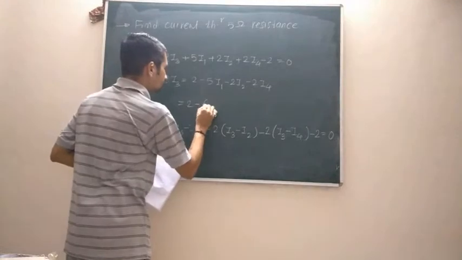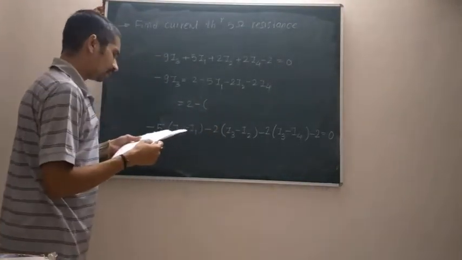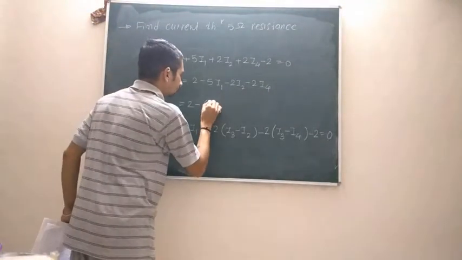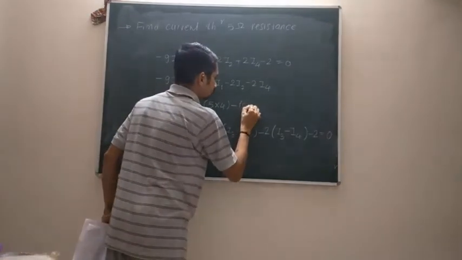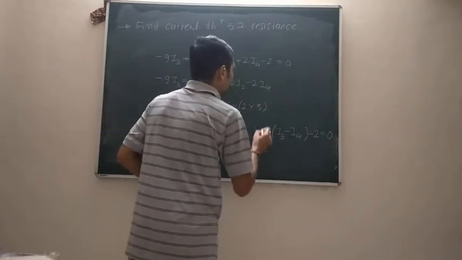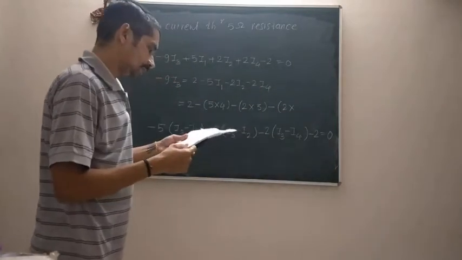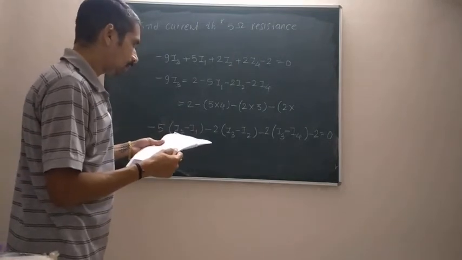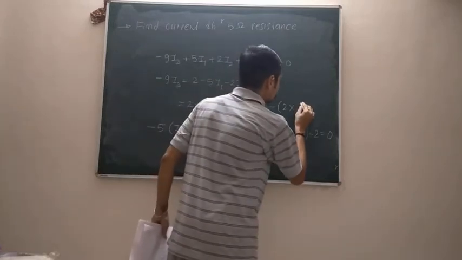So it will be 2 minus 5 into I1, and I1 is 4 ampere, so that will be 5 into 4, minus 2 into I2, which is 3 ampere, so minus 2 into 3, minus 2 into I4, and I4 is minus 3, so that will be 2 into minus 3.